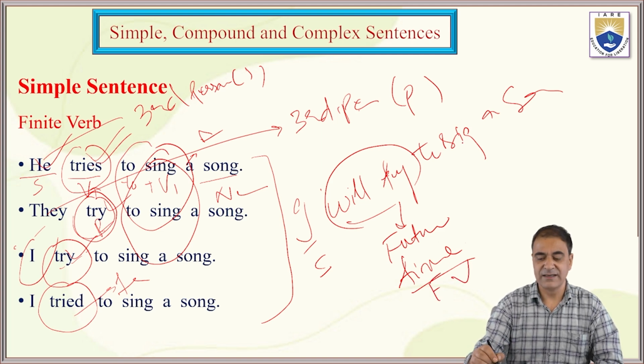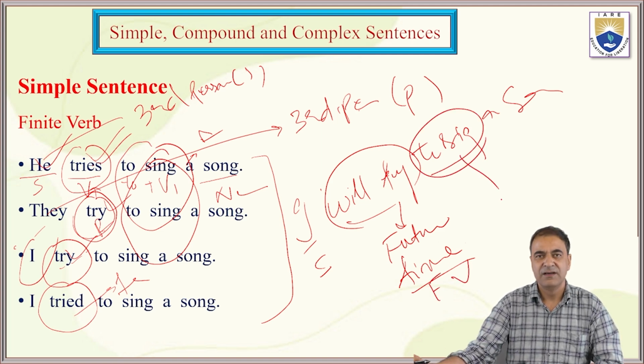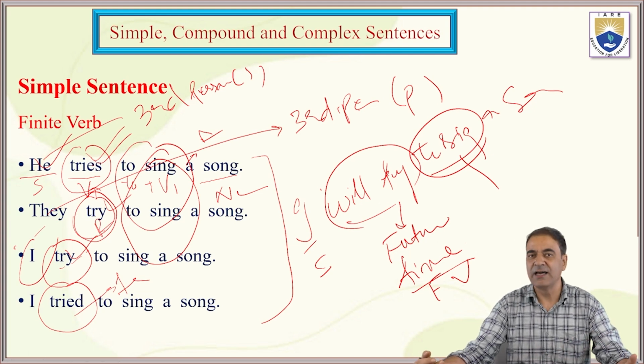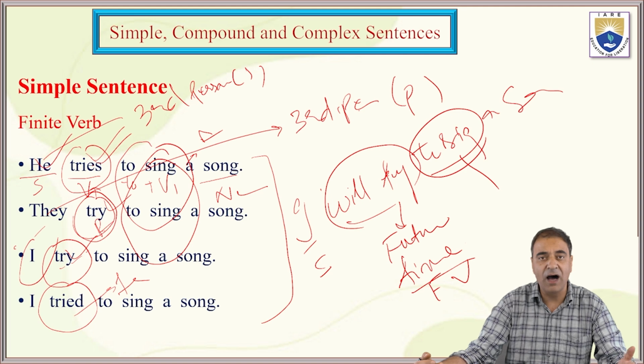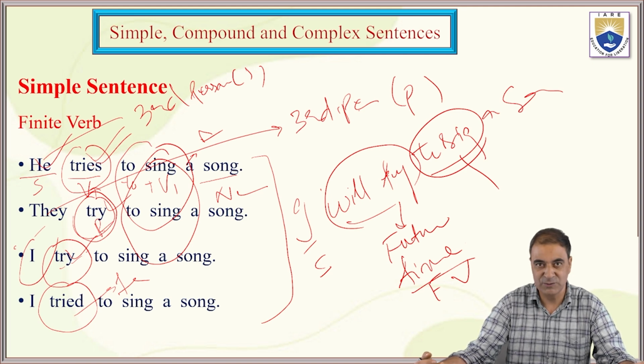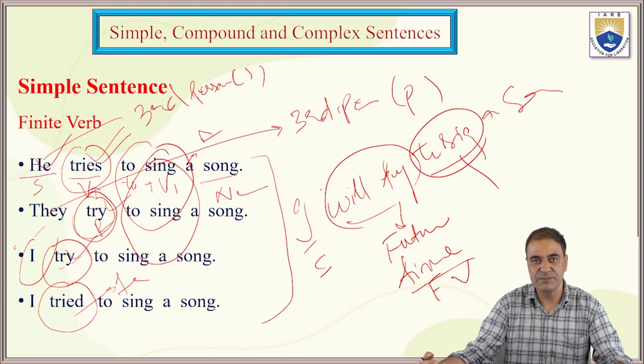Now, again, there is sing, to sing. With the change in the tense, this to sing remained unchanged. That's why we call it non-finite. It doesn't change if you change the tense, the number, or the person of the subject. It remains the same.